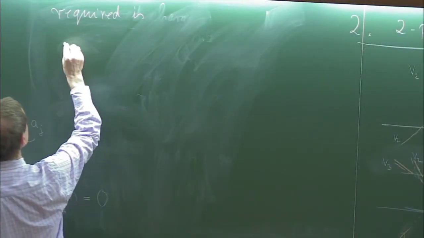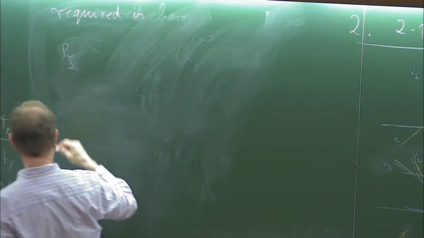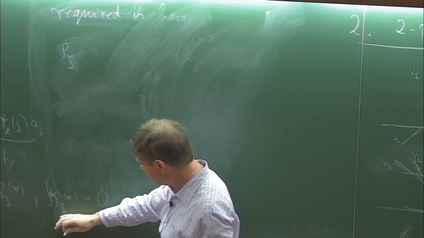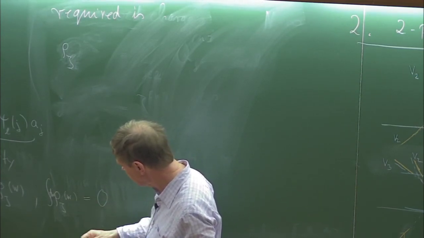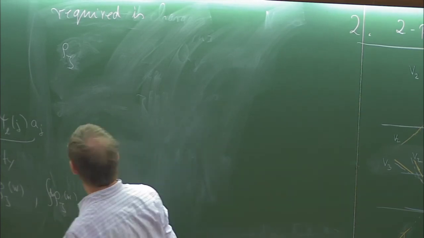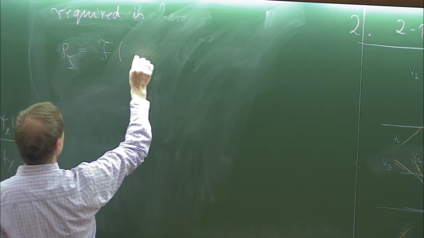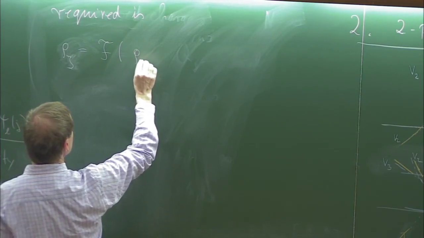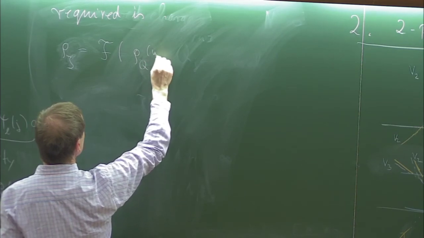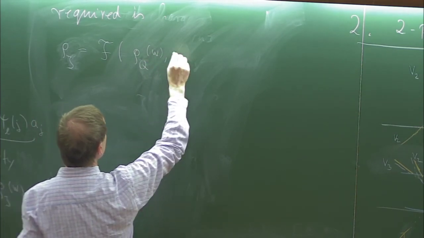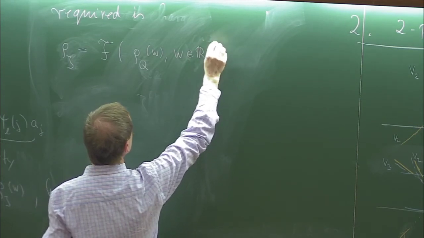So what I must find is that this current DOS, this quantity, which is a convenient labeling of the average currents, must be given in terms of some complicated functional of the rho Q of W, and because I have infinitely many variables, this goes over all of them.